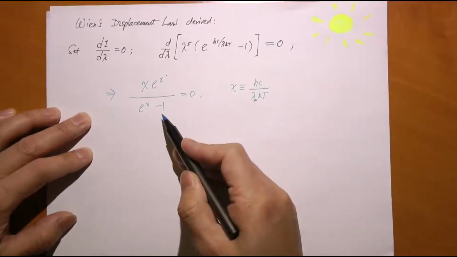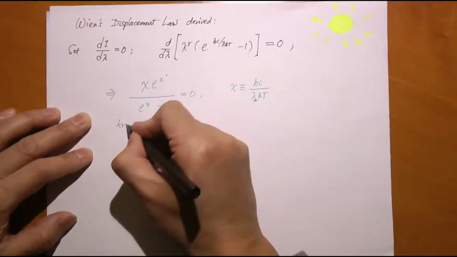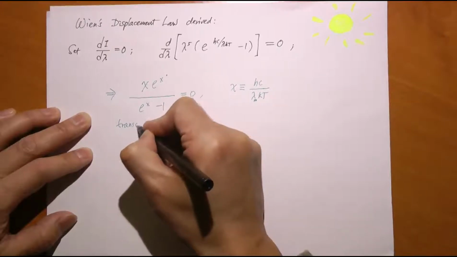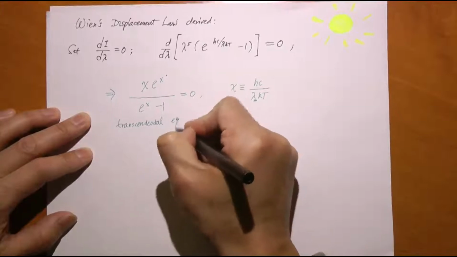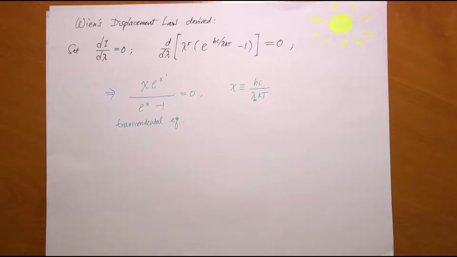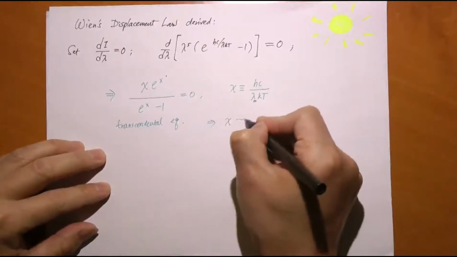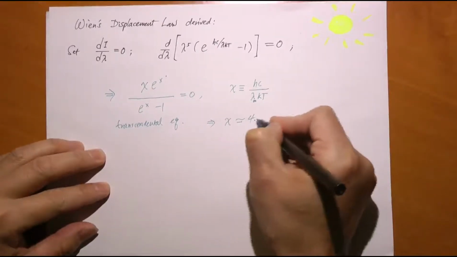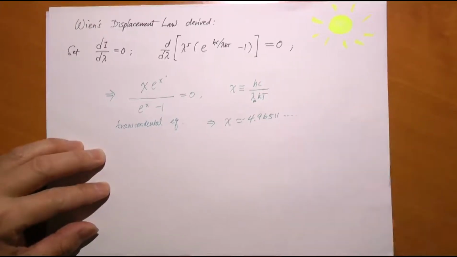This is not a conventional algebraic equation. We call it a transcendental equation in mathematics. The only way we can solve it is by graphing it, so we can get an approximate numerical value. And if you did that, you'll find that x equals 4.96511, and so on and so forth.